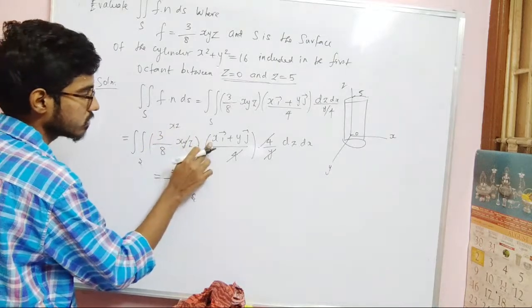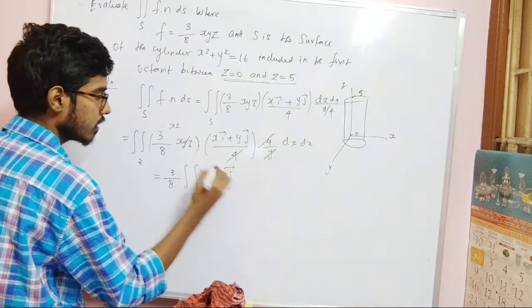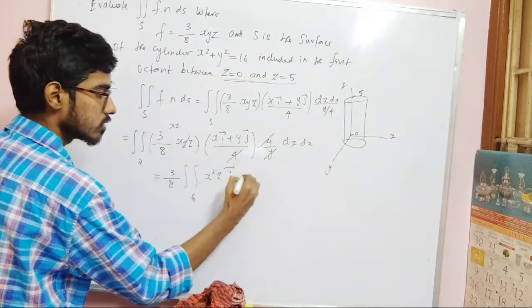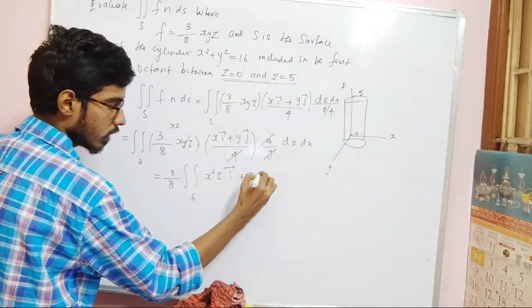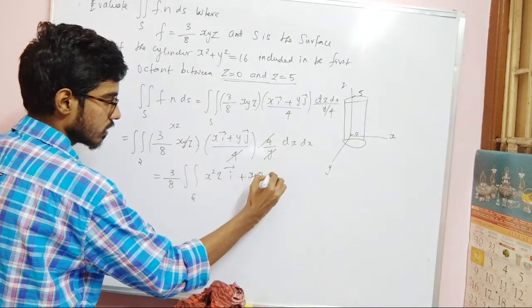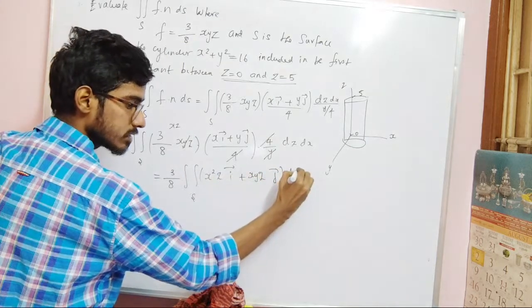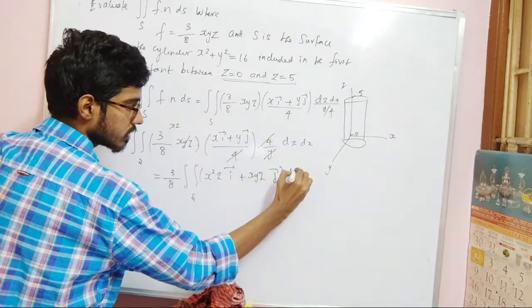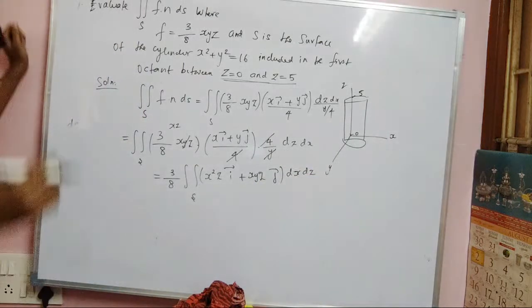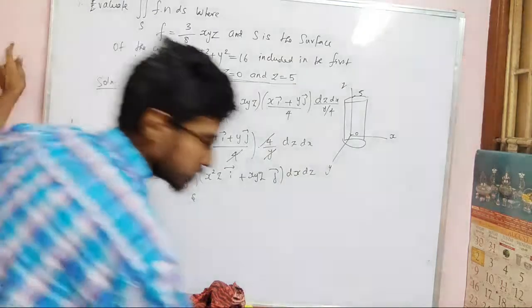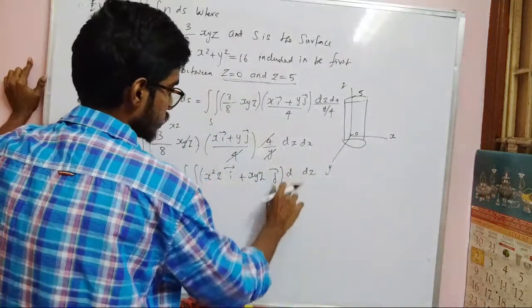If you multiply this here, we will have x square z i vector and xz into y, that means x y z j vector into dz dx.